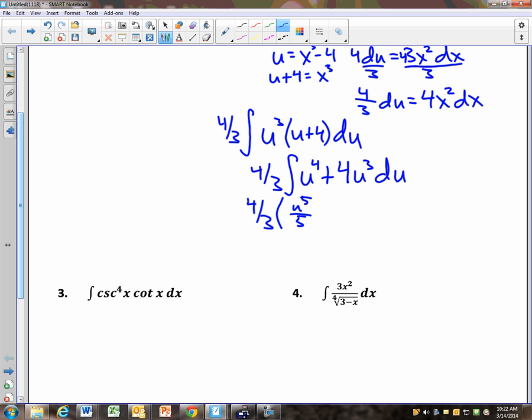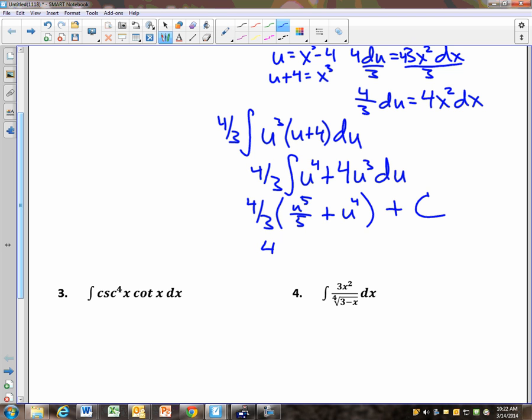We say that like it's nothing. Took a lot of work to get there. Plus, antiderivative of 4u to the third, u to the fourth, very good. Plus some constant. And now I multiply back through.